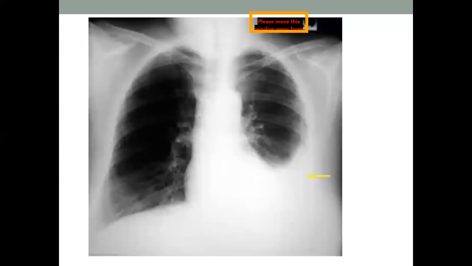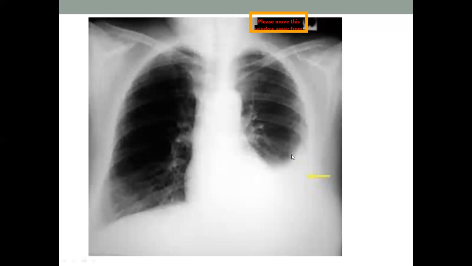This is a chest X-ray of pleural effusion, which shows homogeneous opacification of the left lower zone, which is blunting the left CP and cardiophrenic angle and making the meniscus sign.